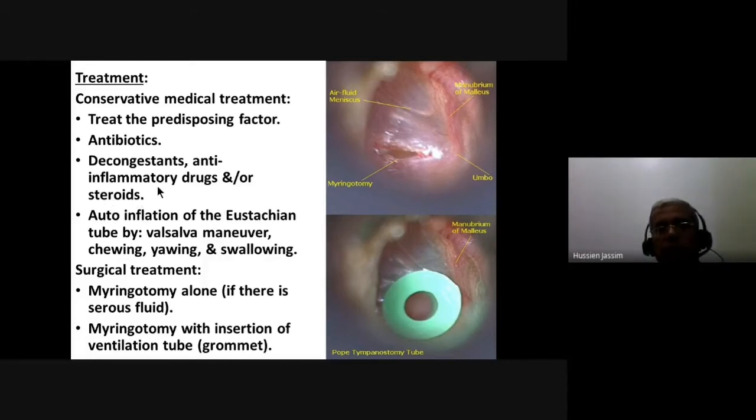Steroids are important for the predisposing factors more than they are for otitis media with effusion, in truth. Auto-inflation of the Eustachian tube by Valsalva maneuver: we teach the patient to always close the nose and mouth and blow. Chewing helps, yawning, and swallowing: always swallow saliva to encourage opening of the Eustachian tube and equalizing the pressure with the middle ear cavity. If there is no benefit from treatment, usually we give treatment for 1 to 3 months.